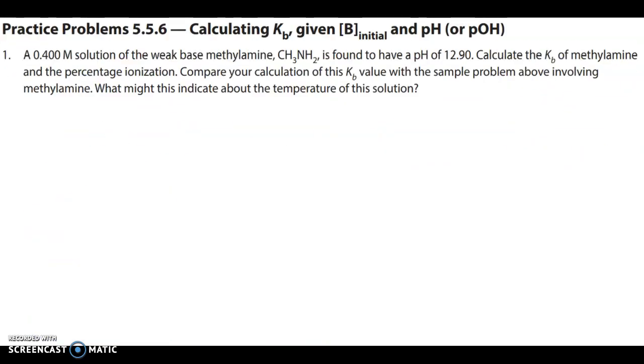Okay, so let's take a look at the last section here. This is where you're calculating Kb, but you're given the initial concentration and the pH or pOH of a solution. So we have a 0.4 mole per liter solution of a weak base, and we're told the pH value.